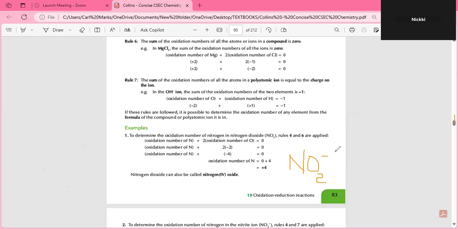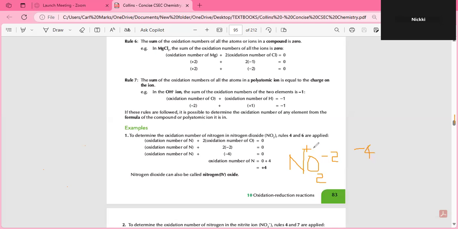-2. Good. So how many negatives do we have in all here? It'll be -2 times 2, which gives us -4, right? So how many positives should we have for nitrogen to cancel it out? Yes, +4, he's right.